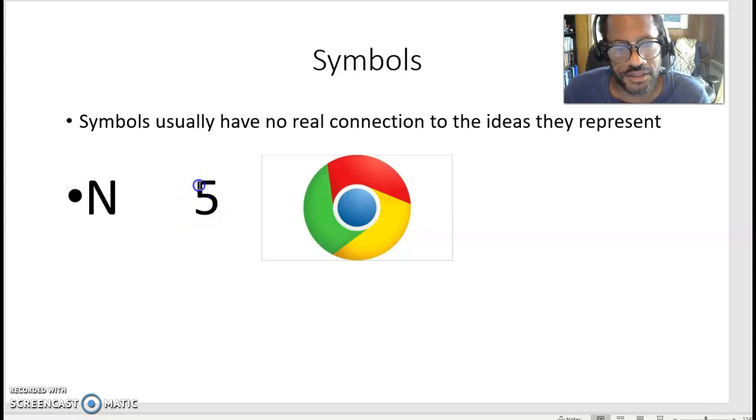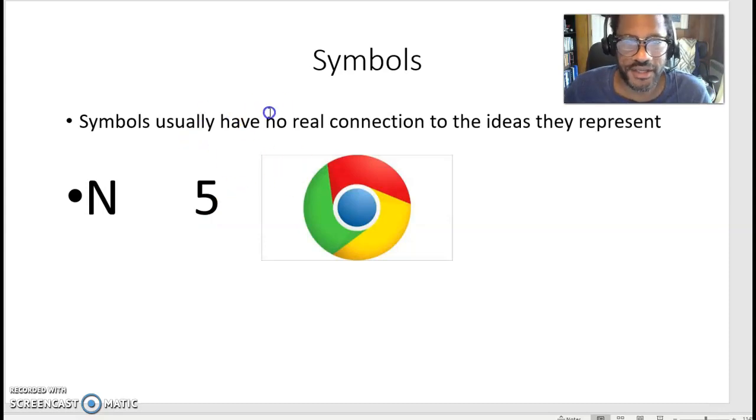Somebody coming from another language that doesn't use these particular symbols can't look at this and go, oh, I can understand that these are the same number of fingers that you have on your hand. There's nothing about this symbol that tells us anything about that concept of the number. And all of our numbers are the same way, right? There's nothing about those numbers that tells us anything about how many items we're actually talking about.